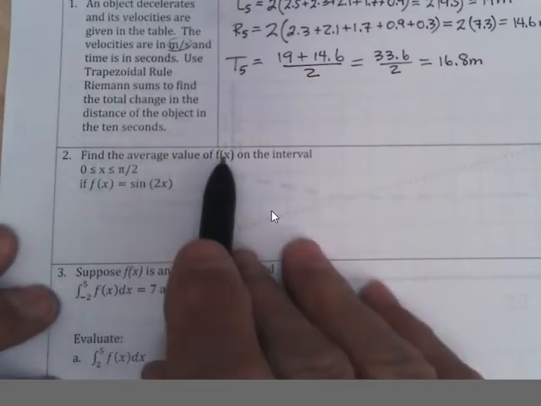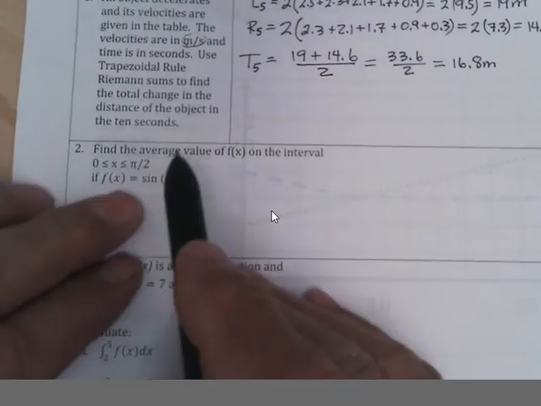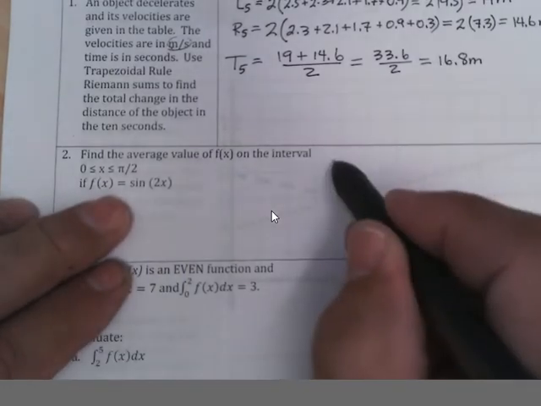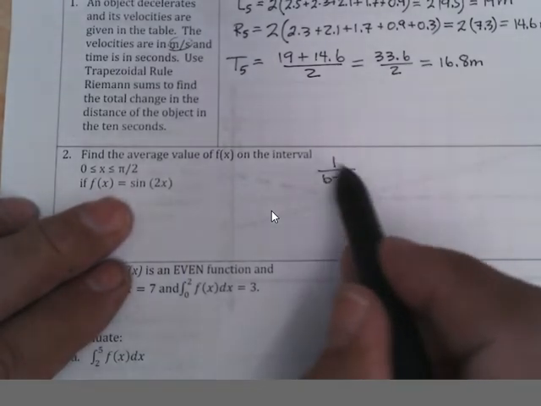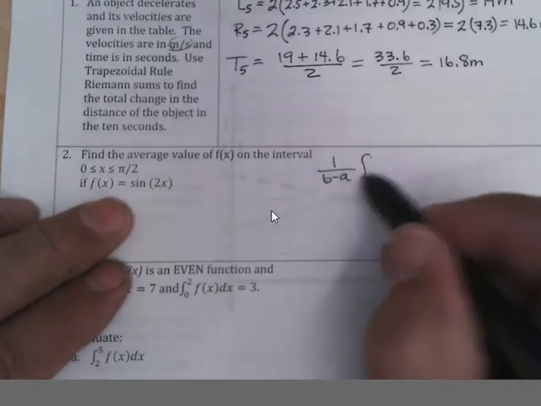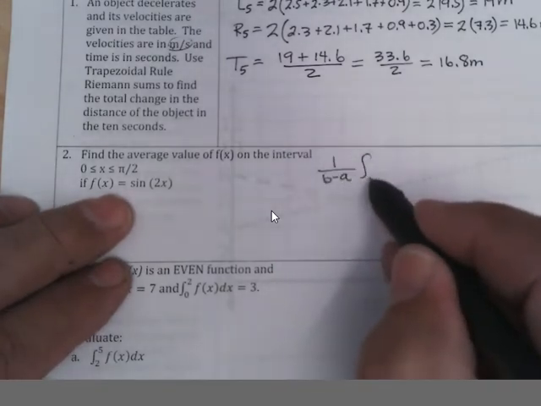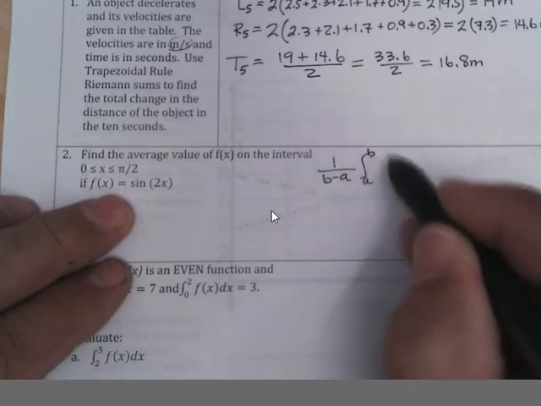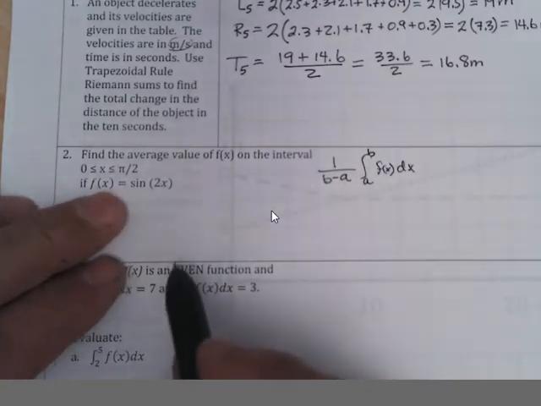Find the average value of the function on this interval. So remember, the average value is the formula 1 over b minus a, the width of the interval, times the area, the integral from a to b of f of x dx.